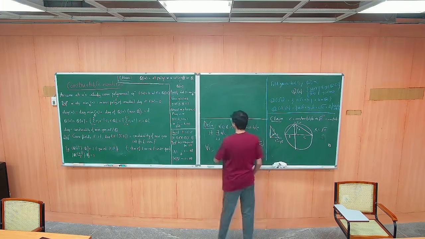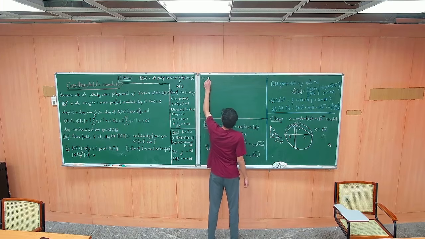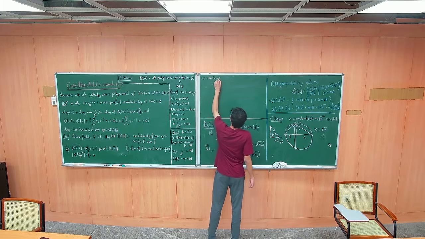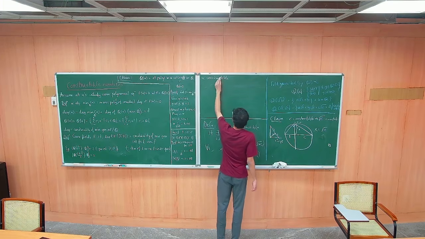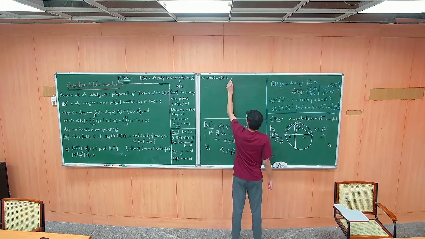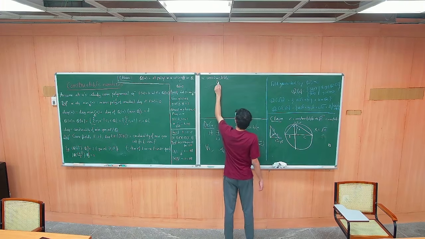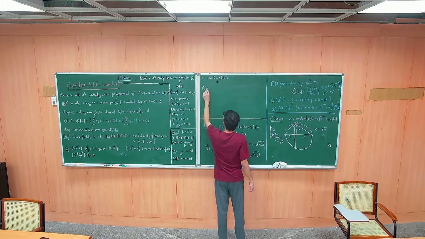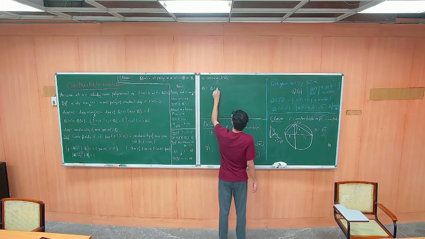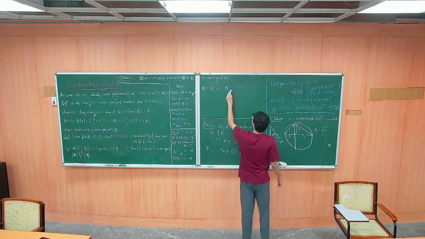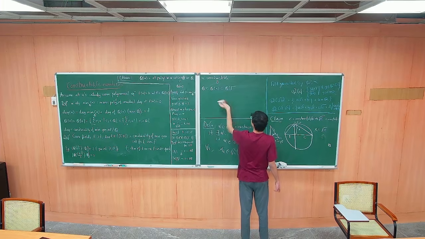So you have alpha constructible implies you have Q, which is sitting inside some extension where you have iteratively added square roots, right?